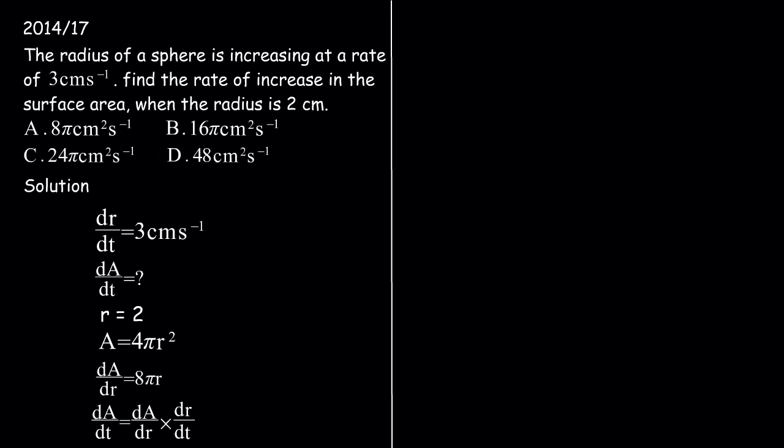Now we already know that dA/dt is unknown, dA/dr is 8 pi r, and dr/dt is 3 centimeter. Now substituting for dA/dr and dr/dt, dA/dt will be equal to 8 pi r times 3.